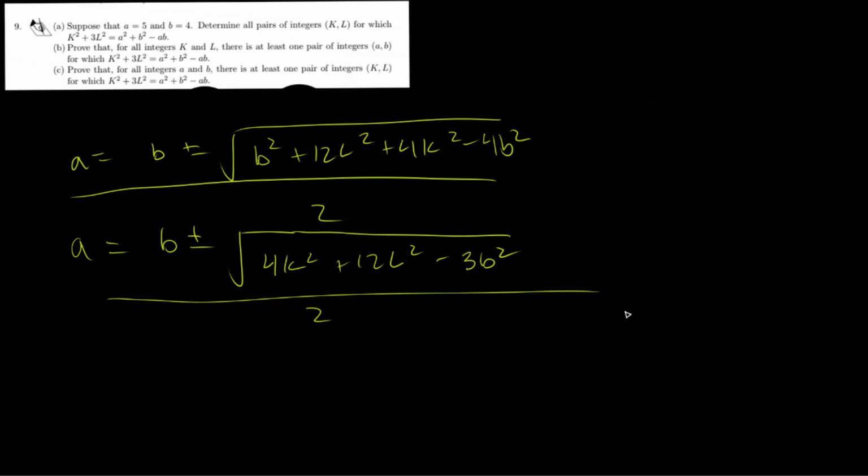We want to observe something here, and that is that if we try and make these terms 0, then this whole thing will cancel out, because the square root will cancel out with this, because this is a perfect square, right? If you take the square root of this, it's going to be 2k, right? So we want to make this equal to 0 somehow, or just remove it or complete the square, do something with it, right? So we have to observe that if we let b equal 2L, then something magical happens.